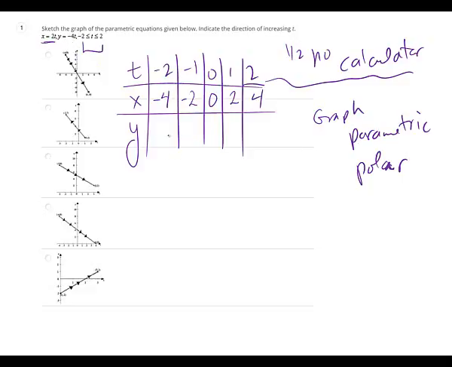So -2 times -4 is 8. -1 times -4 is 4. 0 times -4 is 0. 1 times -4 is -4, and 2 times -4 is -8.